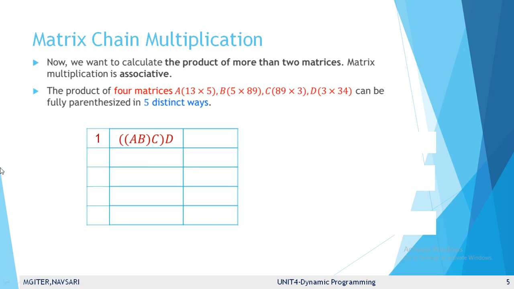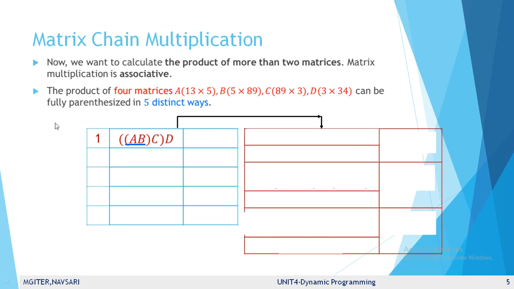The first way is to first multiply A cross B, the two matrices A and B, then multiply the answer with C, and then multiply this answer with matrix D. How much computation is required with these parentheses?